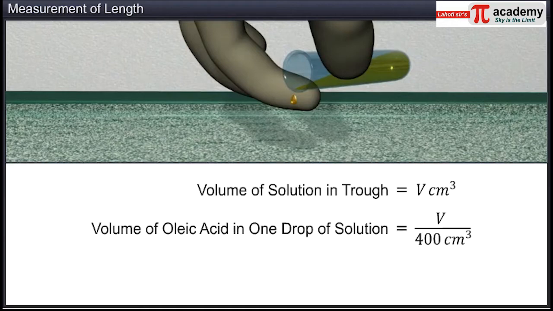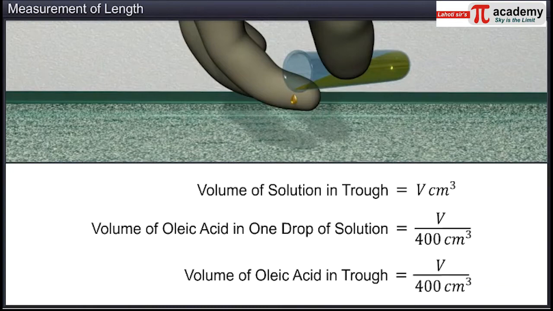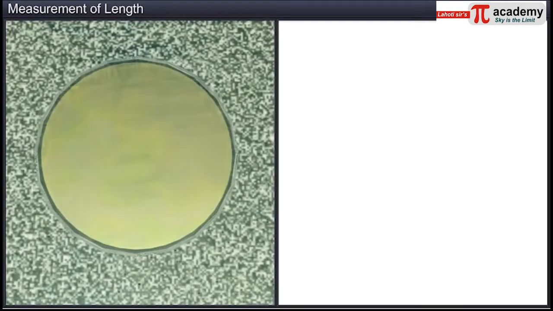Since only 1 drop of solution is put in the water, the volume of oleic acid in the thin film is equal to the volume of the drop, that is, V/400 cm³. Now that we have the area and volume of the thin circular film, we can get its thickness, T, as the ratio of volume to area.